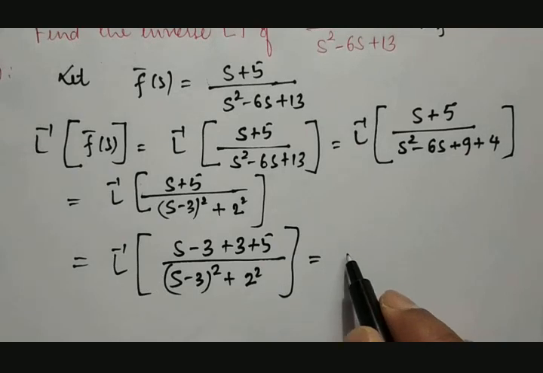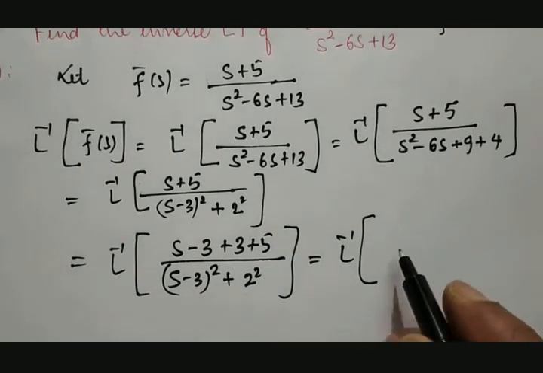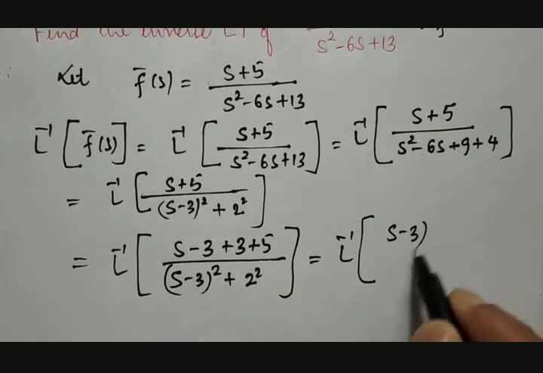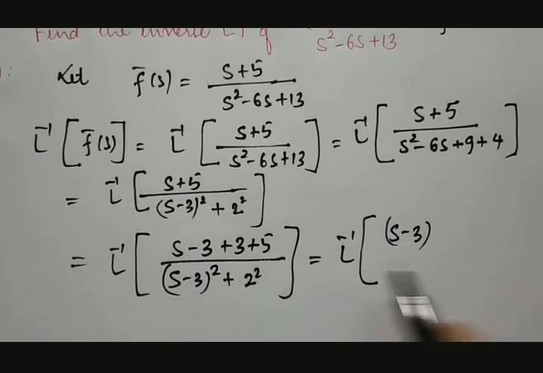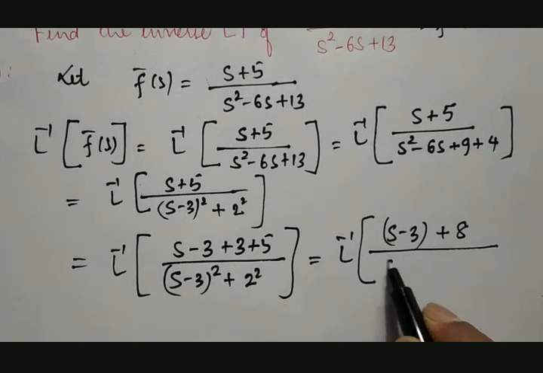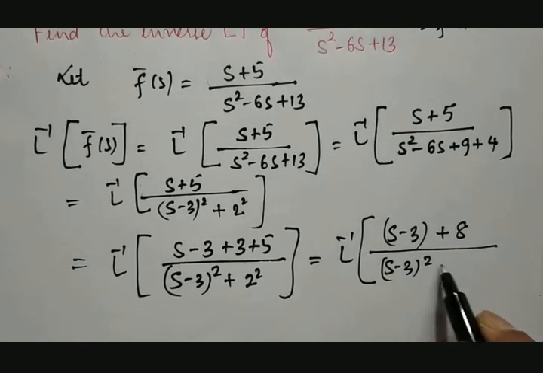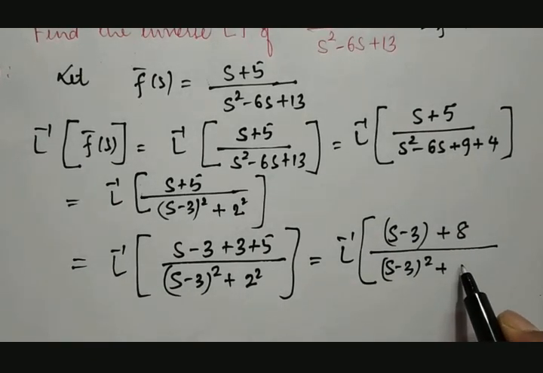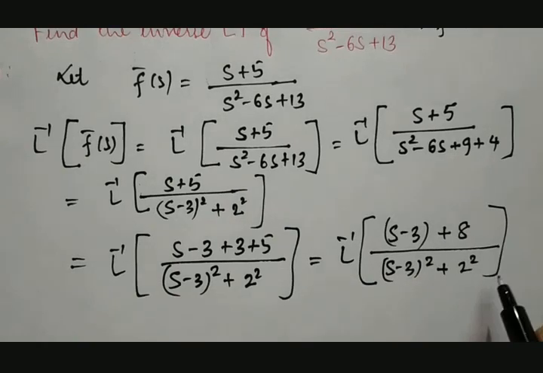Okay, this is equal to further Laplace inverse of s minus 3 will make a group. Then 3 plus 5 is 8, divided by s minus 3 the whole square plus 2 square, or else you can take 4 only, no problem.